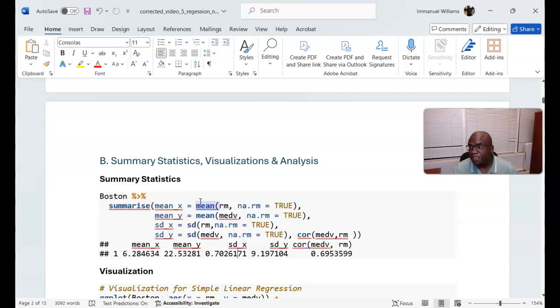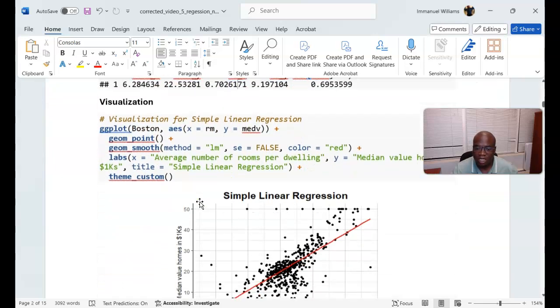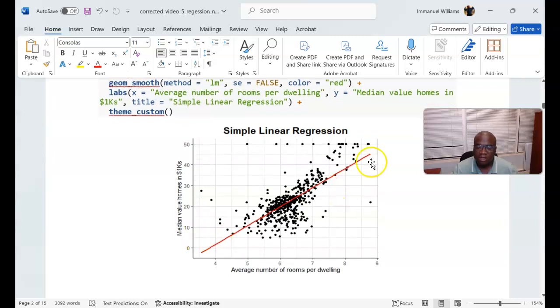Now that we have our summary statistics, it's nice for us to actually visualize the data. The best way to visualize our data of two quantitative variables is to use a scatter plot. So this is a scatter plot where each of the points represents an observation that has the X and a corresponding Y, an average number of rooms per dwelling, and a median value of the home.